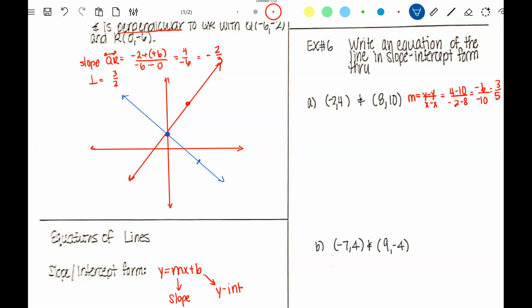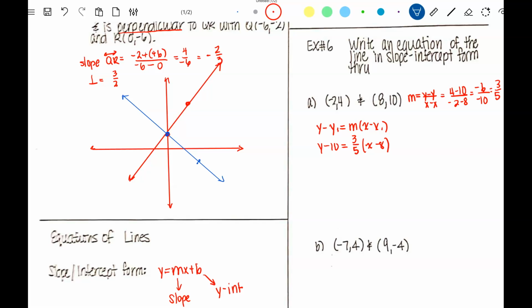Now, both of these points are on the line, so I can use either point in the point-slope form. I'm going to use the second point because both of those numbers are positive, and that leaves less room to make a mistake. So y minus y1 equals m times x minus x1. So y minus 10 equals 3/5 times x minus 8.